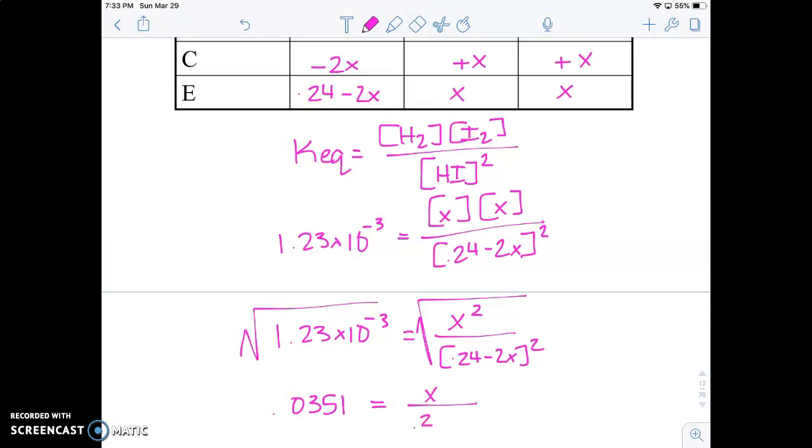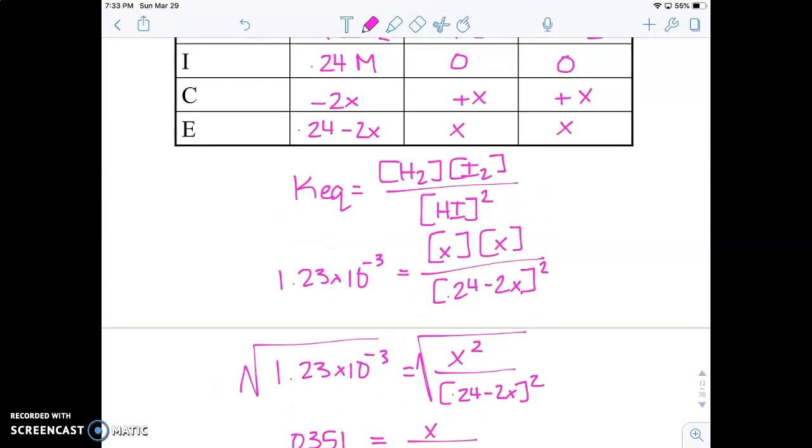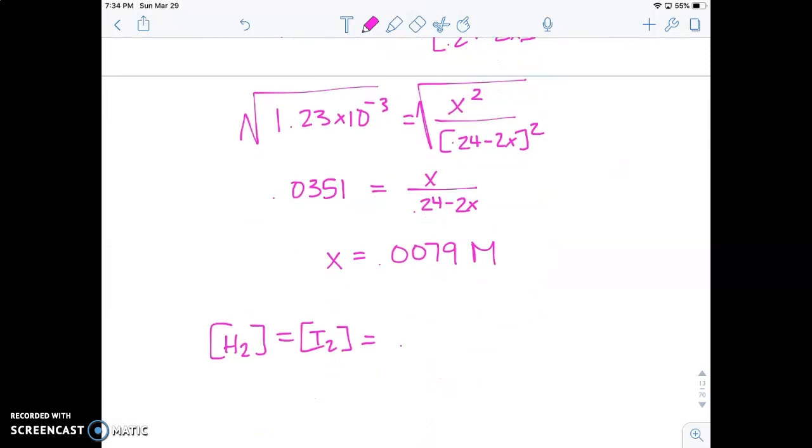I got rid of all my squareds. Okay? When I solve for X, I get 0.0079. Okay? Now H2 and I2 are equal to each other in concentration. They're both X. And I just solve for X. So I know that they both have a concentration of 0.0079 molar.